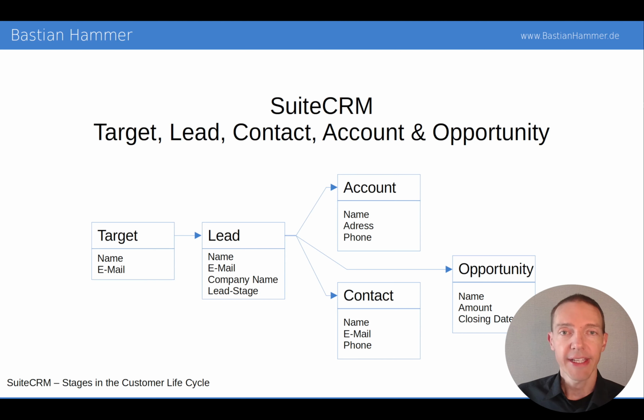Inside your SuiteCRM system, you've got those 5 major modules which will guide you through the customer journey, the lifetime cycle. It usually starts with a target on the very left side.